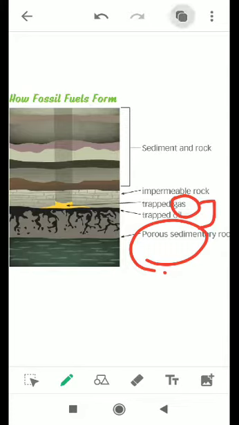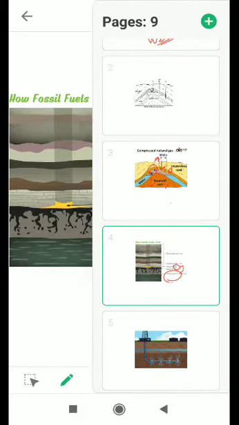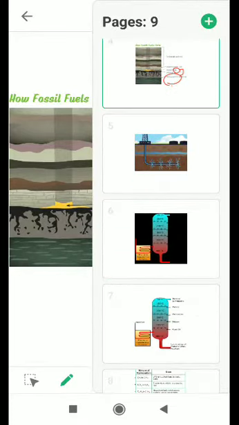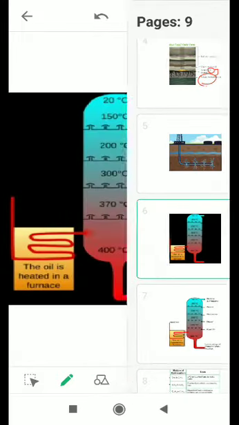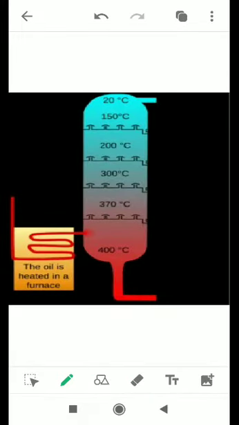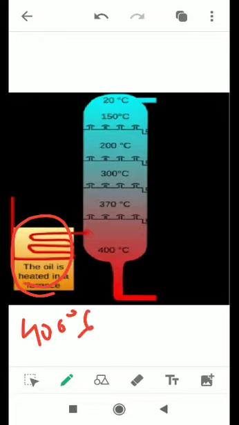Now how the refining of petroleum is done, let us see the next part. Students, refining of petroleum is done by the fractional distillation process. Refining requires boiling the petroleum at high temperature, around 400 degrees Celsius.